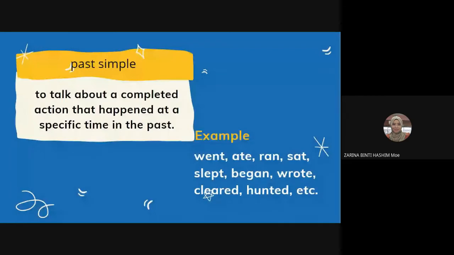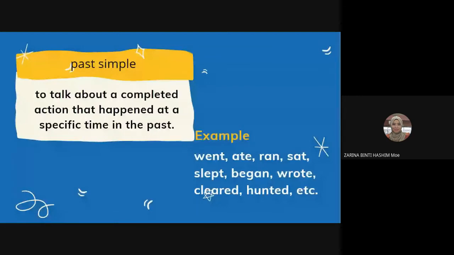Compared to present perfect simple, which started in the past but still continues, this one is already completed. Your action has finished at a specific time in the past. So this is past simple.